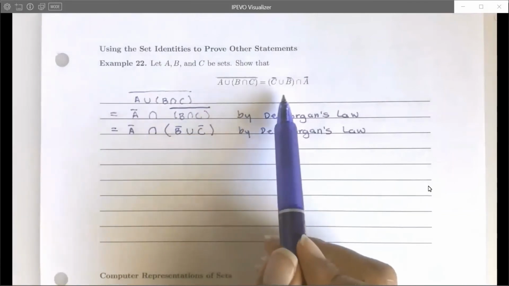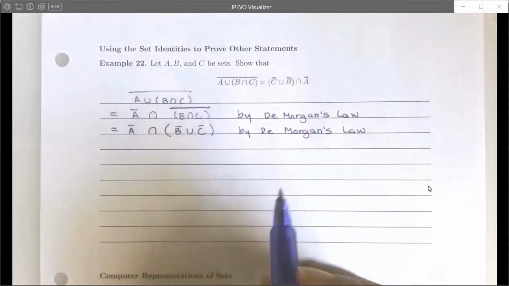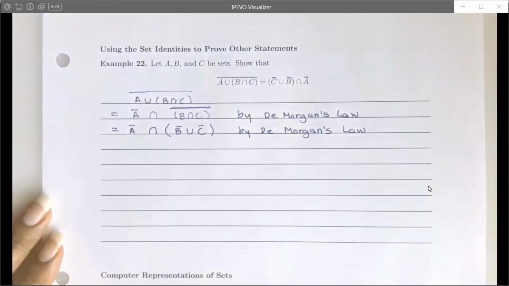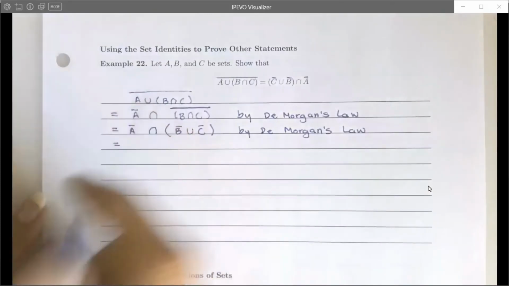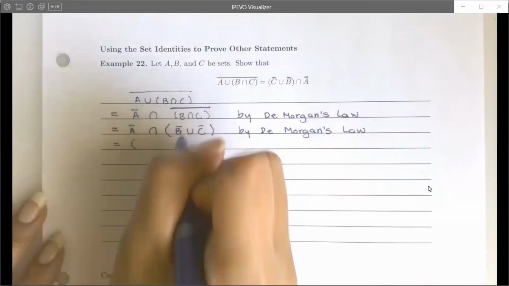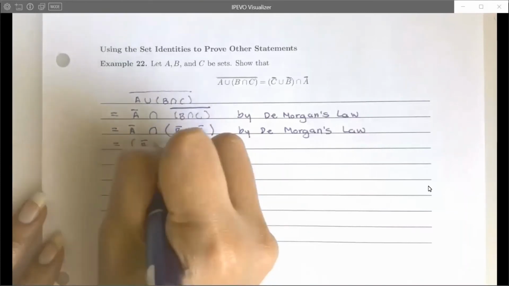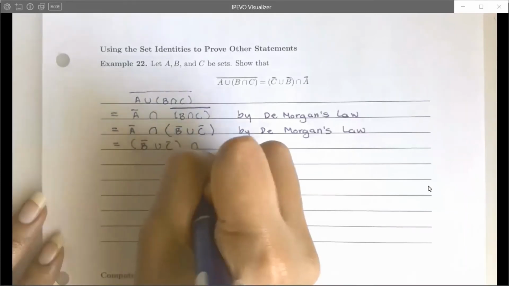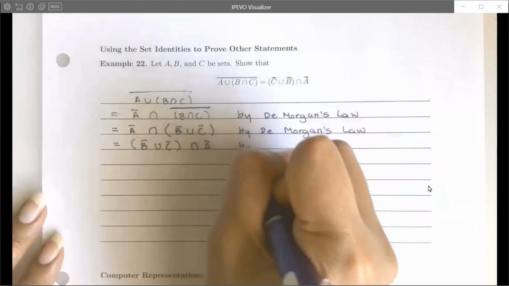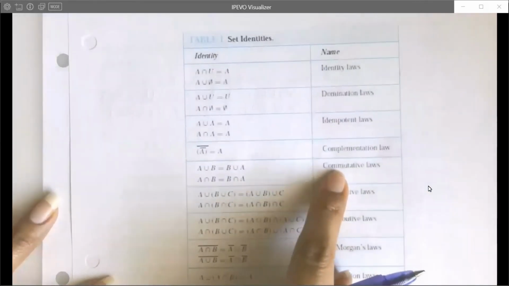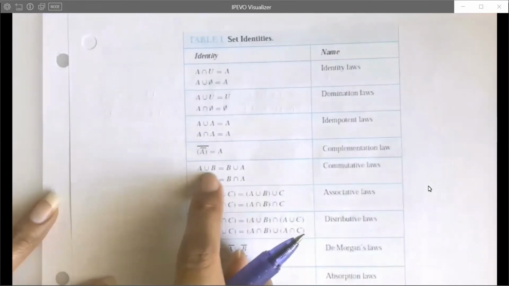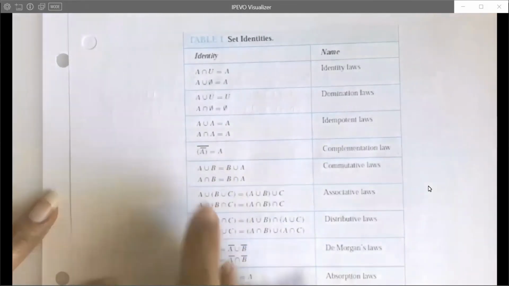So really this is just a matter of commuting the sets, or changing the order in which they appear. So I'm going to simply commute the A complement with that group. And this is by commutative law, which is appearing here. Commutative laws allow us to move the order in both union and intersection.